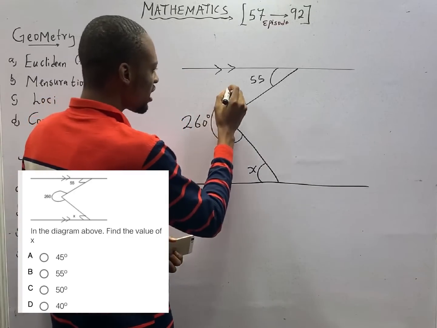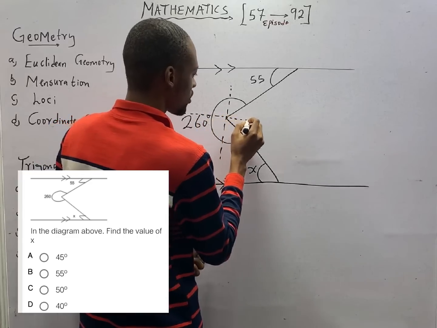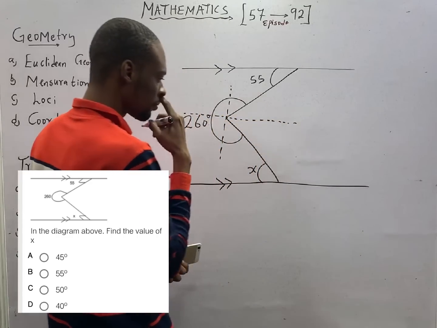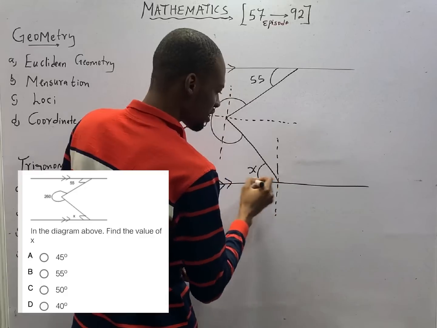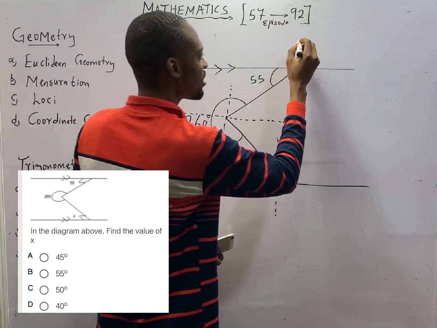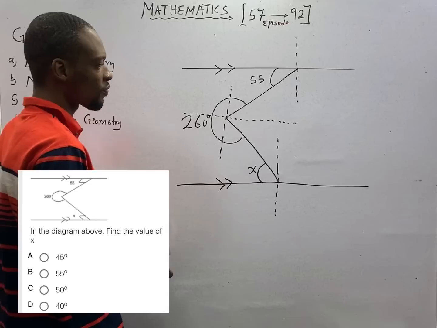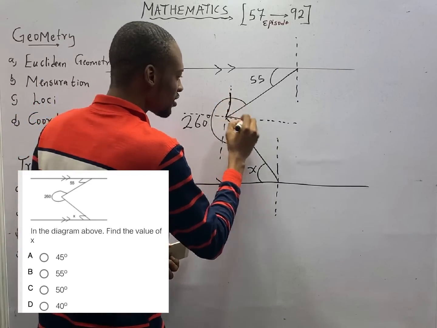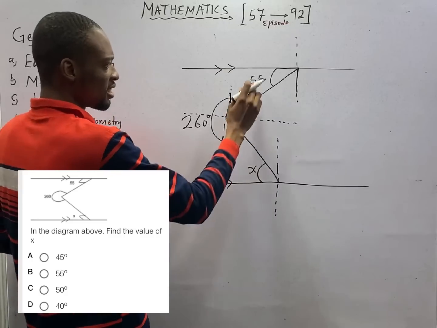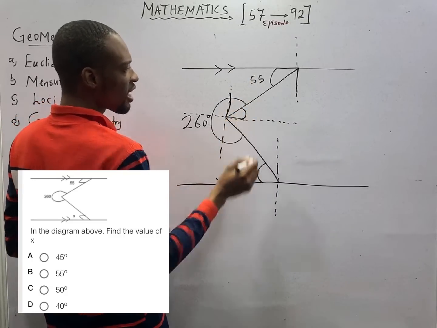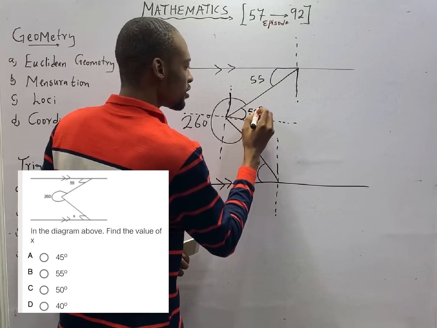Like from here, let me do something like this and something like this. From here, let me do something like this, and I already have this. From here, let me do something like this. I already have this. If you look at here and you look at here, you will see that this angle and here are alternate angles. Here is also 55 degrees.